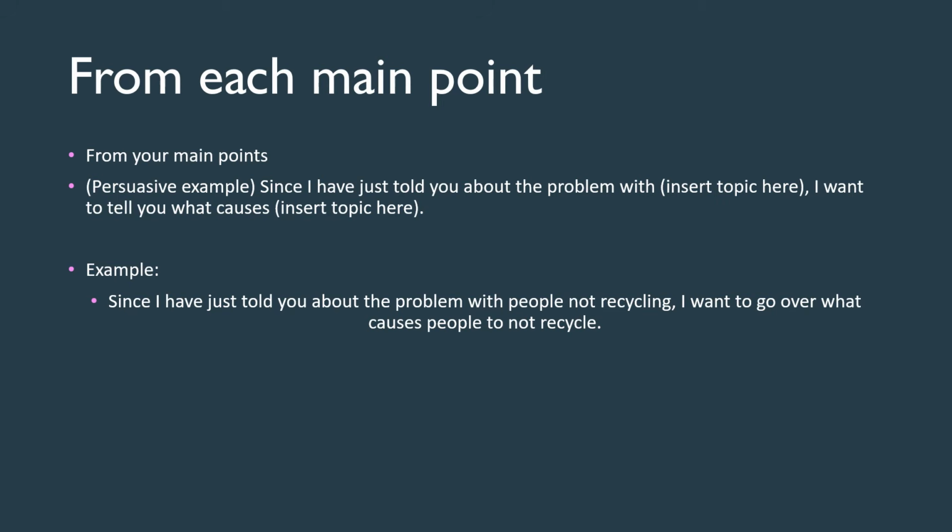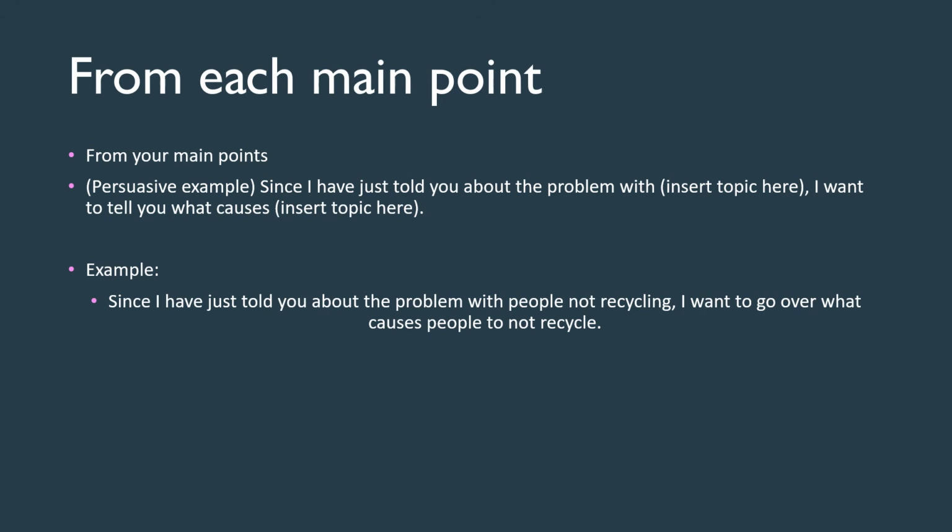The next transition I want to discuss is going from one main point to the next in the middle of your speech. And I'm going to use a persuasive speech as an example here. If you were doing a problem, cause, solution, opposition speech, you could state simply, since I have just told you about the problem with insert your topic here, I want to tell you what causes, and then again, you would insert your topic here.